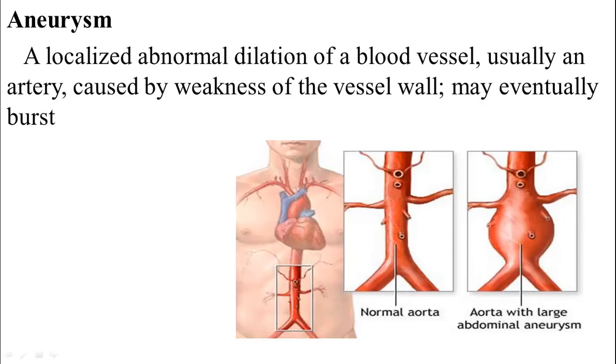So the aneurysm is a localized abnormal dilation of a blood vessel, and usually happens in an artery due to weakness of the vessel wall, and eventually rupture and heavy bleeding ensue.